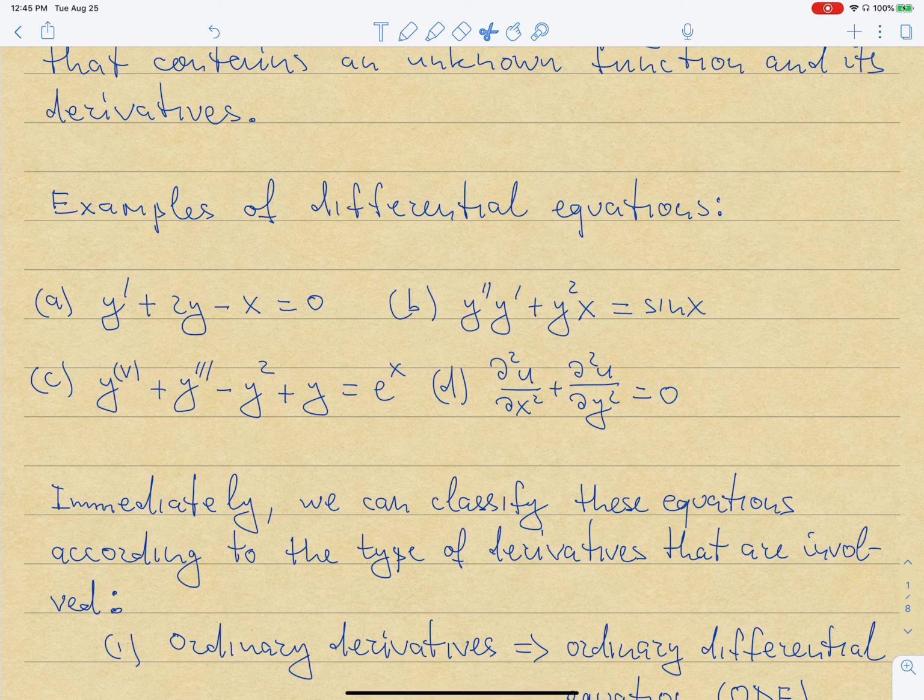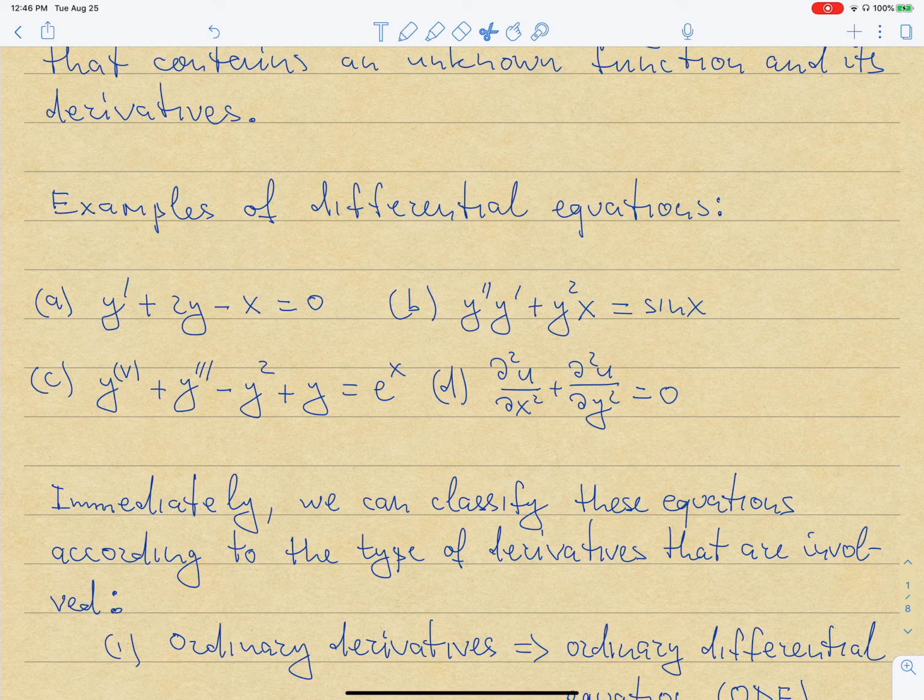So if I want to solve the first order ODE, for instance, to undo the highest derivative, I'll have to integrate once. And if I integrate once, then that will produce an unknown constant.